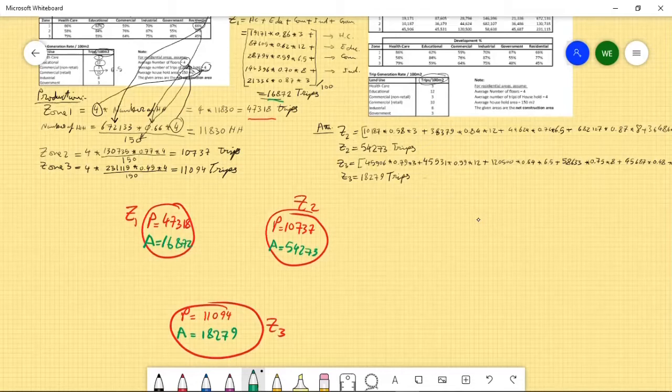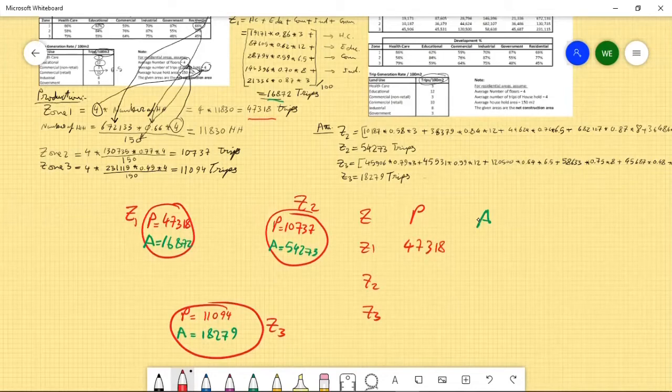If we put the production here, let me just write it down as an array. So that's the attraction, and these are the productions, and these are the zones. So for zone 1, zone 2, zone 3, we have production 47,318.